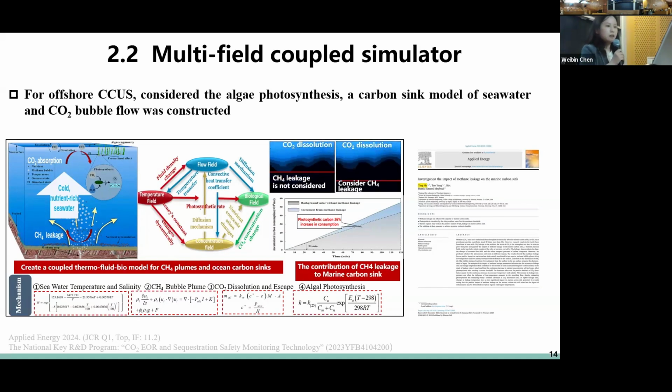We constructed a carbon-safe model of seawater to consider algae photosynthesis affecting CO2 bubbles or methane bubbles from the seabed to seawater, to see how it influences the carbon of seawater.